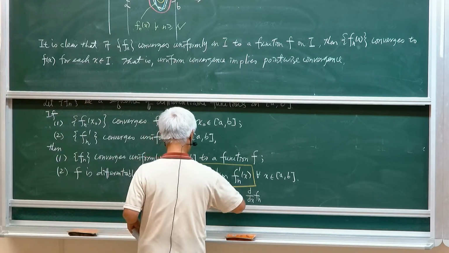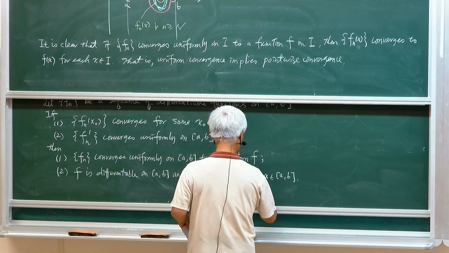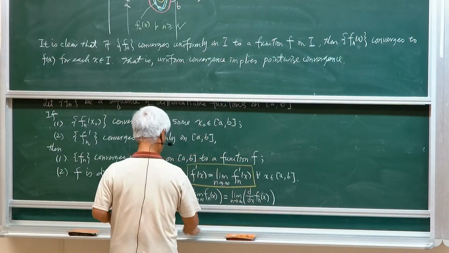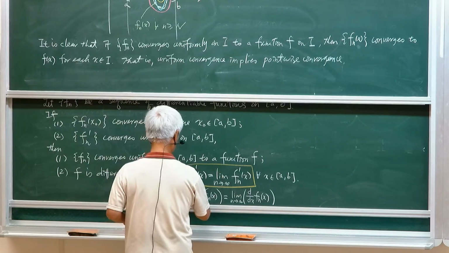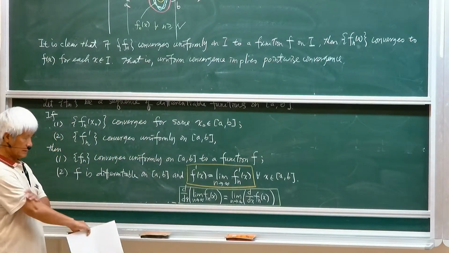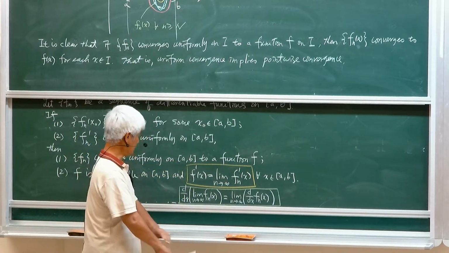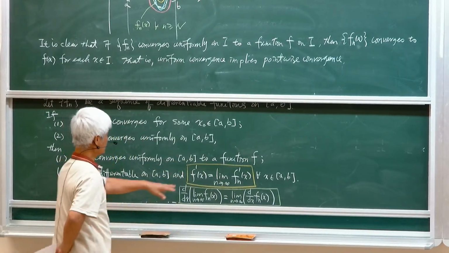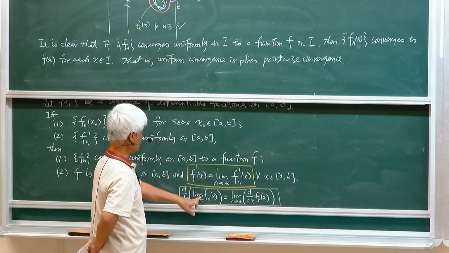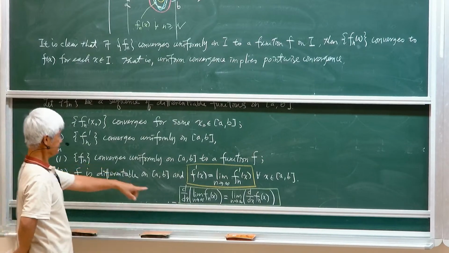So the yellow box can be written as the green box you see here, because before you take the derivative, f of x is the limiting function of this sequence of functions.